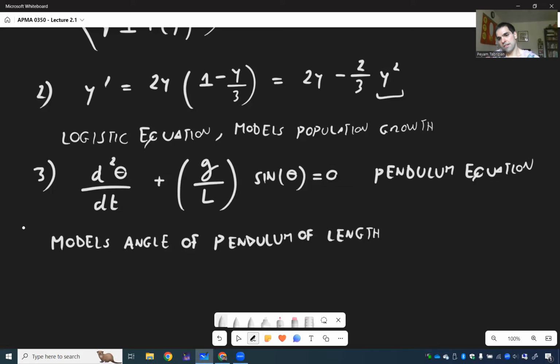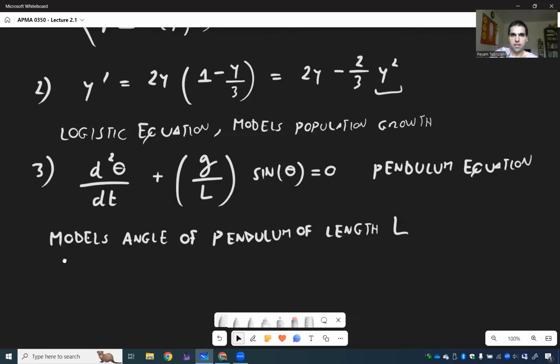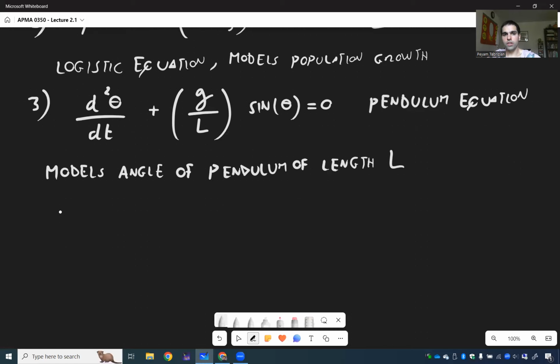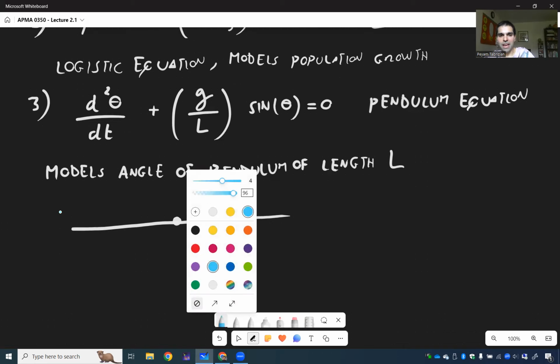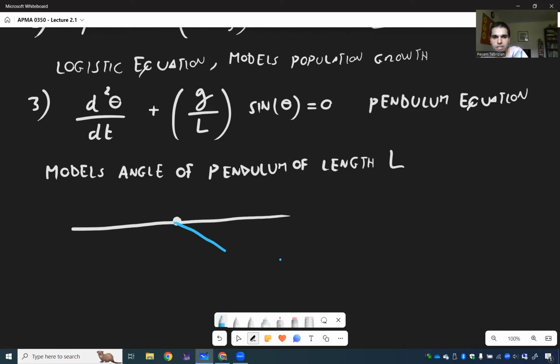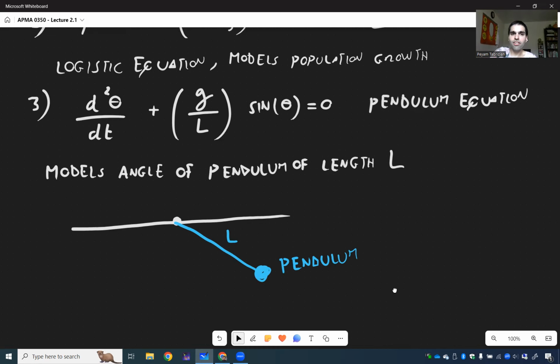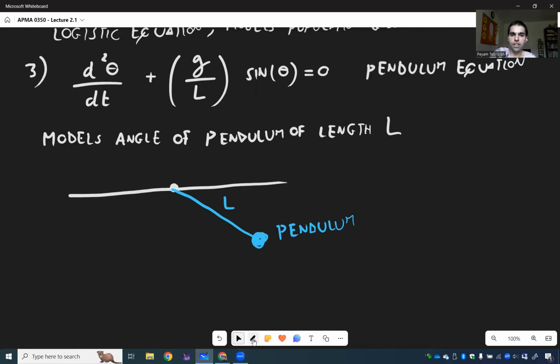So in other words, the way to picture this is the base. It's all about the base. We have a very nice pendulum here that just swings back and forth, of length L. And because it swings back and forth, it does make an angle with the vertical line.